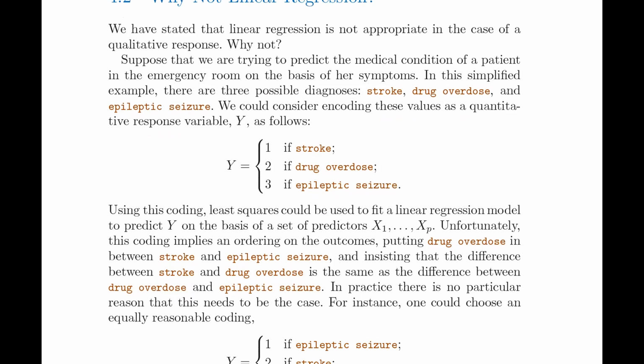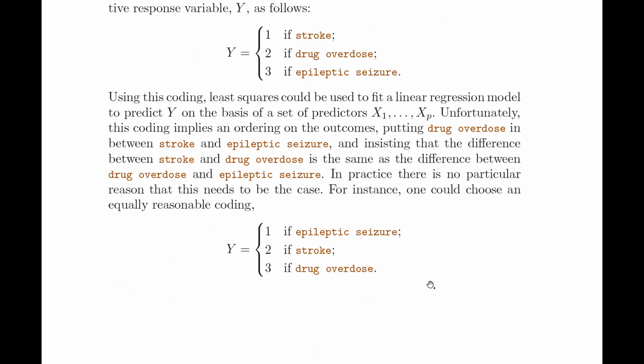Unfortunately, this coding implies an ordering on the outcomes, putting drug overdose in between stroke and epileptic seizure and insisting that the difference between stroke and drug overdose is the same as the difference between drug overdose and epileptic seizure. In practice, there is no particular reason that this needs to be the case.